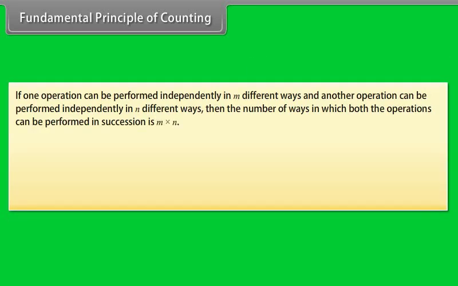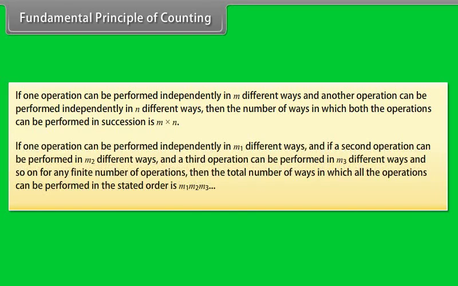If one operation can be performed independently in m different ways and another operation can be performed independently in n different ways, then the number of ways in which both the operations can be performed in succession is m into n.